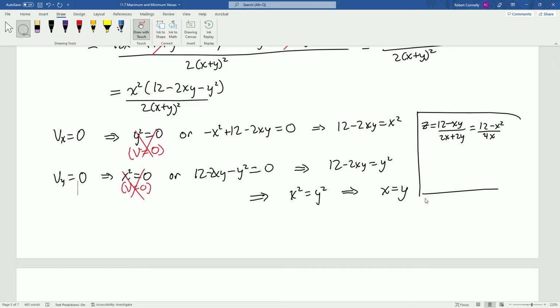Kind of skipped a little bit of a step in here. So I got x equals y. So what I need to do now is plug this into one of these equations and solve for one of those specific values. So I made things a little bit more complicated on myself than I needed to. So let's try this again.